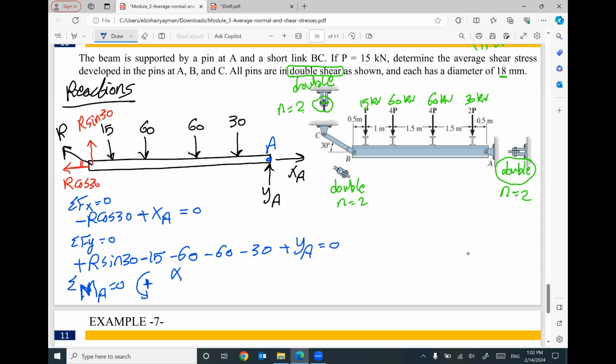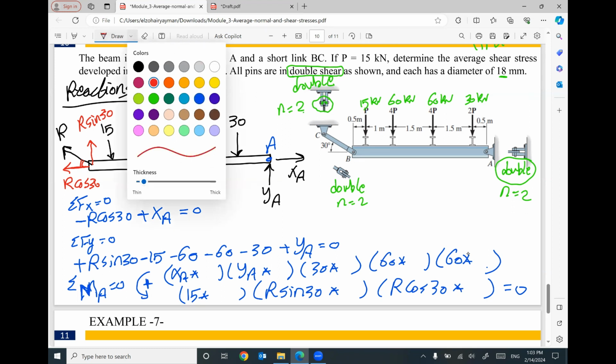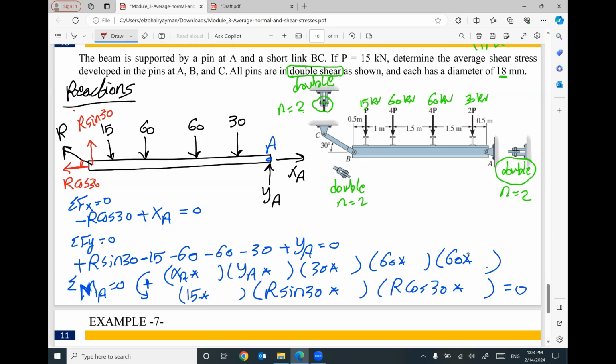So I have XA times distance, YA times distance, 30 times distance, 60 times distance, another 60 times distance, 15 times distance, and R sine 30 times distance, and R cosine 30 times distance. I have to consider everything in this equation.